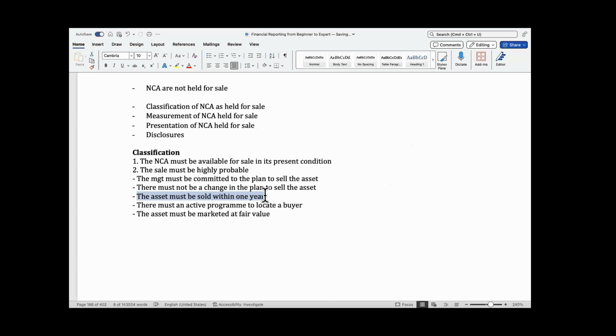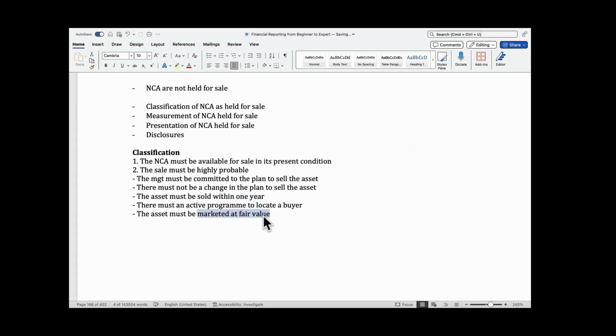But there are some situations where you can prove that you are doing marketing, you are committed to sell, the price is reasonable, but still you cannot get a buyer. That means the situation is beyond your control.